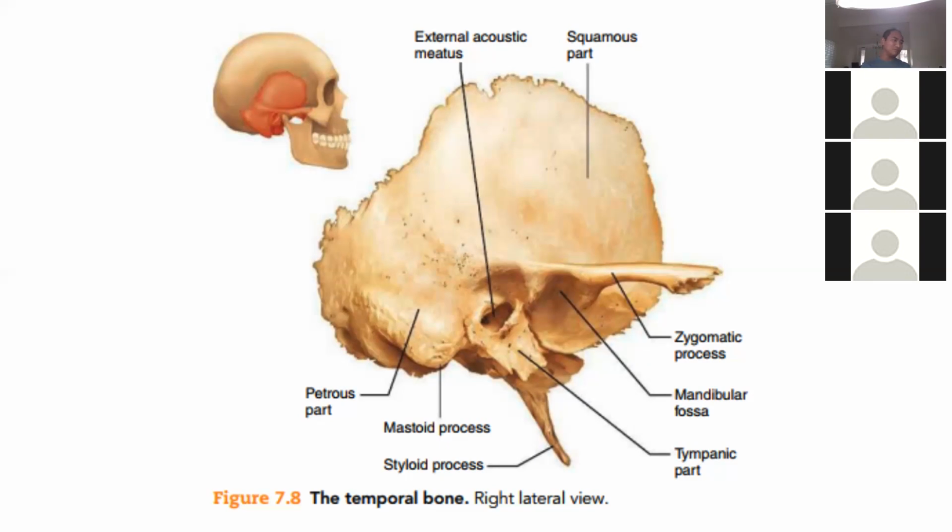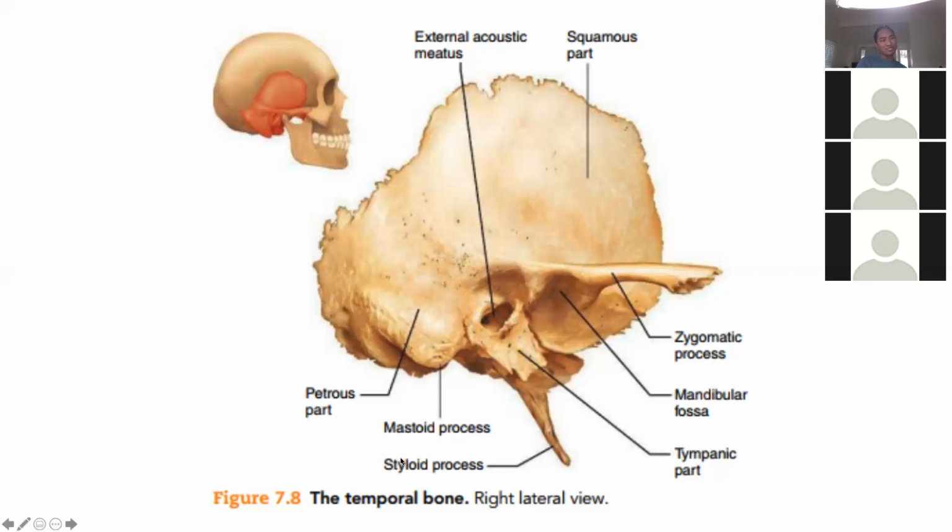And the mastoid process, I believe you will be able to feel your own mastoid process, which is just behind our ear. If we lift up our ear to the front, the bony point around here is the mastoid process.